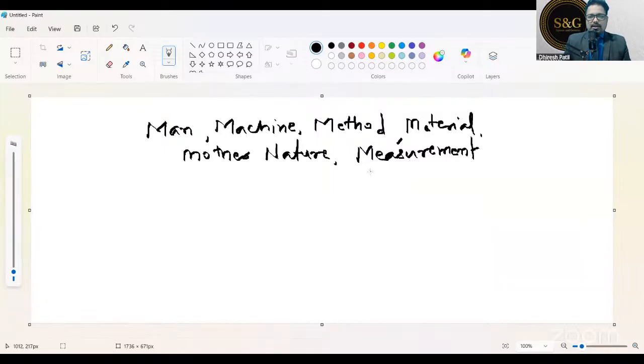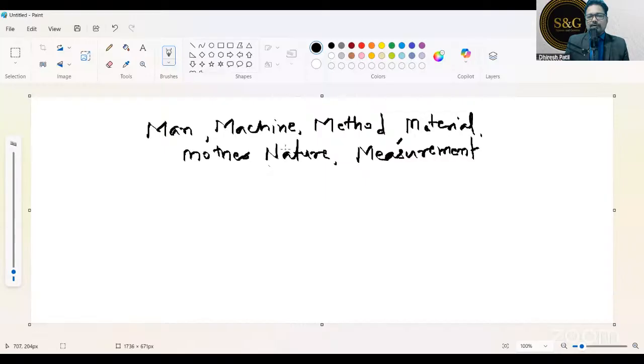Man, machine, method, material, mother nature, measurement. Everybody knows this. Though maintenance is not there in the 6 M's, you can add maintenance, you can add money, you can add management, but these are the 6 fundamental ones which were given by Ishikawa.